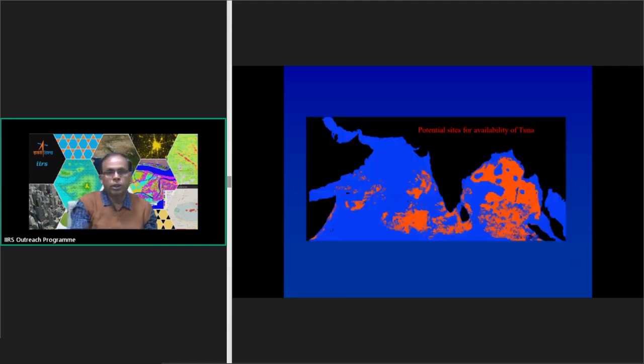A temperature around 27 degrees centigrade in our region is a suitable temperature range for tuna fishing. The low chlorophyll water and the altimeter data are all used together to find out potential sites for tuna.